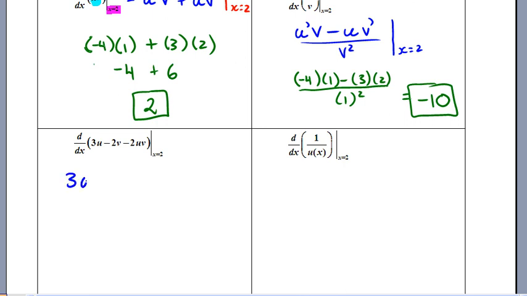Leave the 3, u prime. Moving down the road with a subtraction, leave the 2, v prime. And then minus 2 times, got a little product here, so maybe I'll just put this in some brackets. u prime v plus u v prime. And if you would have said, hey, could I not have put the 2 and the u together, maybe even the minus sign?